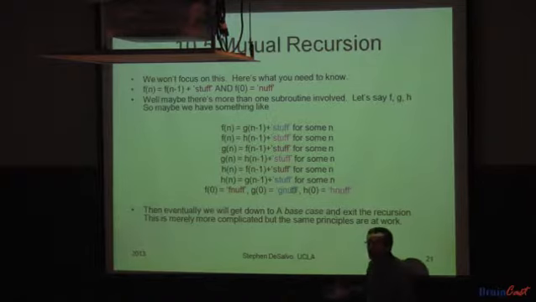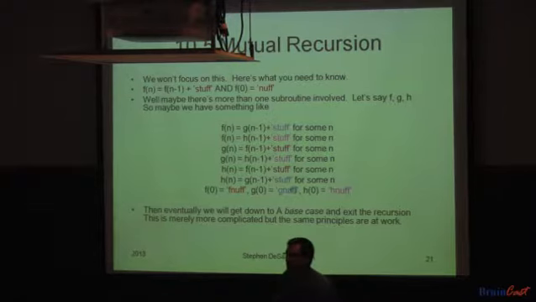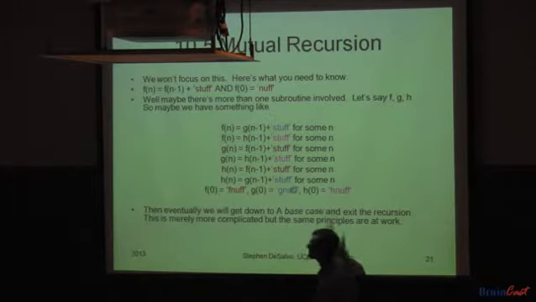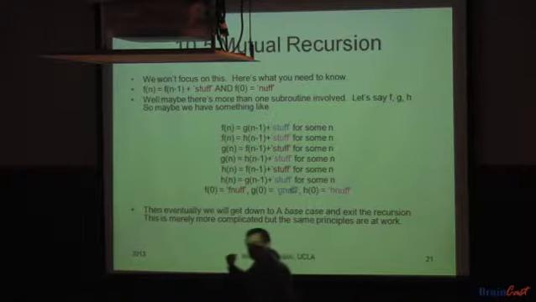Then it's fine. It works out. As long as all the paths eventually end in a base case, you're fine. So the mutual part is the sense that you're not strictly doing f of n and f of n minus 1. You're doing f of n and g of n minus 1, but g of n calls something either of the same level of a different function or of a smaller of a same one. So all the paths eventually lead to smaller inputs for which you can apply the base case. But the idea is very simple.